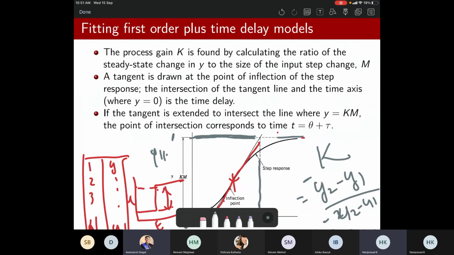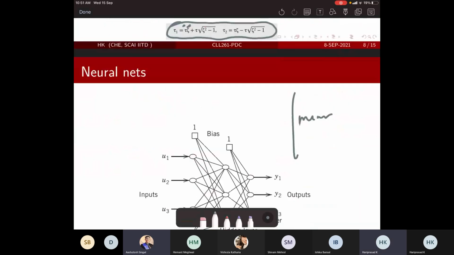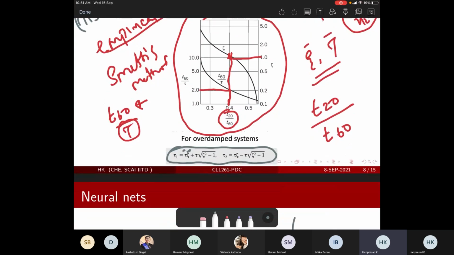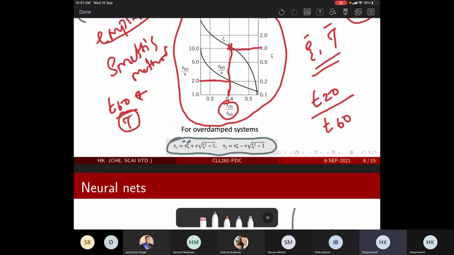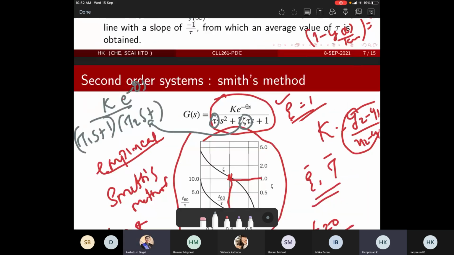Could you please tell us up till where the syllabus is, so that we can focus on the part done till now? I'll tell you: the minor syllabus will be till slide number 8, the notes till slide number 8, for the overdamped system.